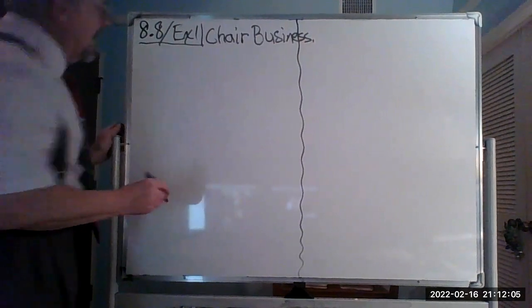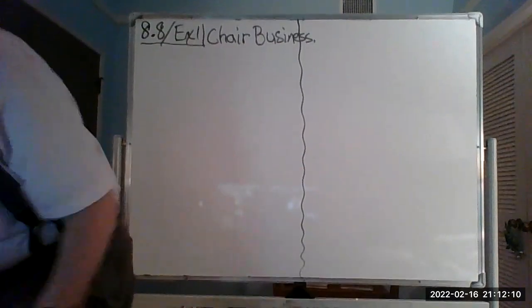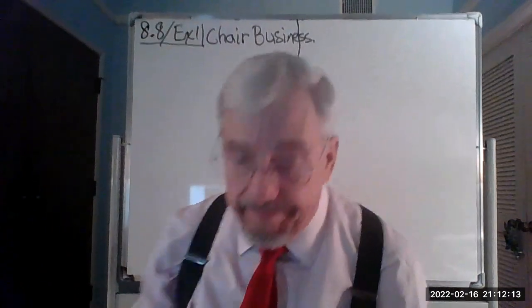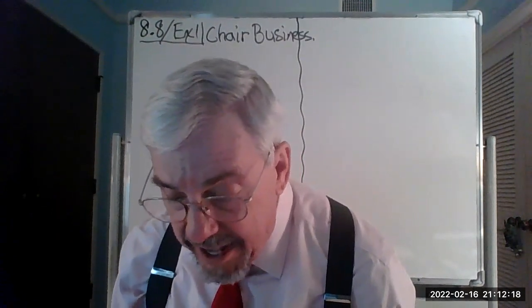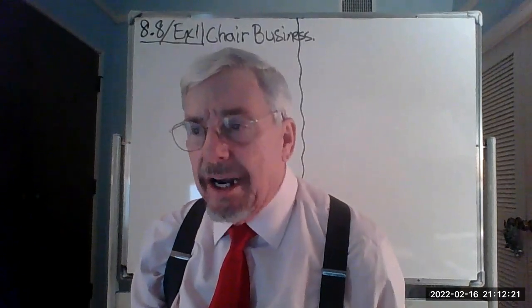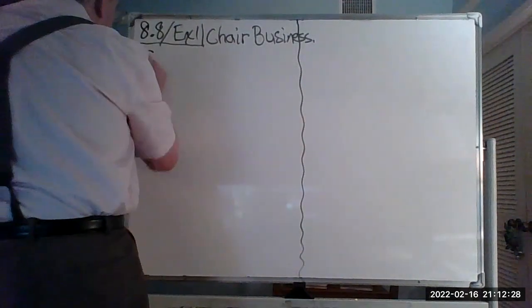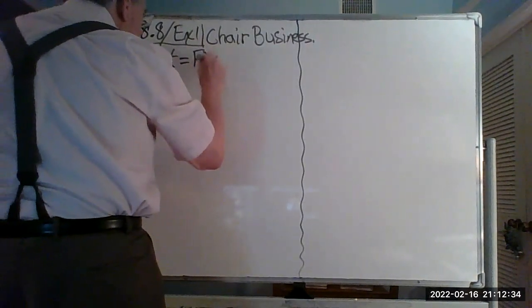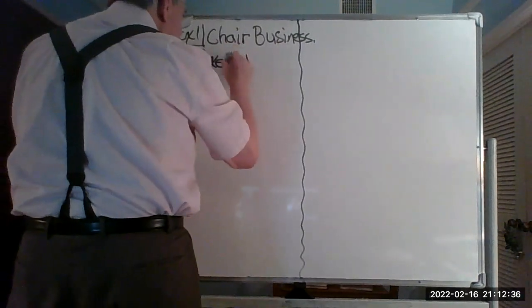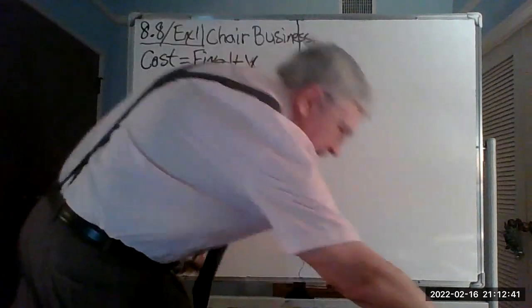Okay, good. All right. So let's write down what we know. Looking back in the problem once again, they told me the fixed cost will be 90K and it'll cost me $150 to make a chair. So right there, I got my cost function. Can you see the cost function? So the cost is equal to fixed plus variable.